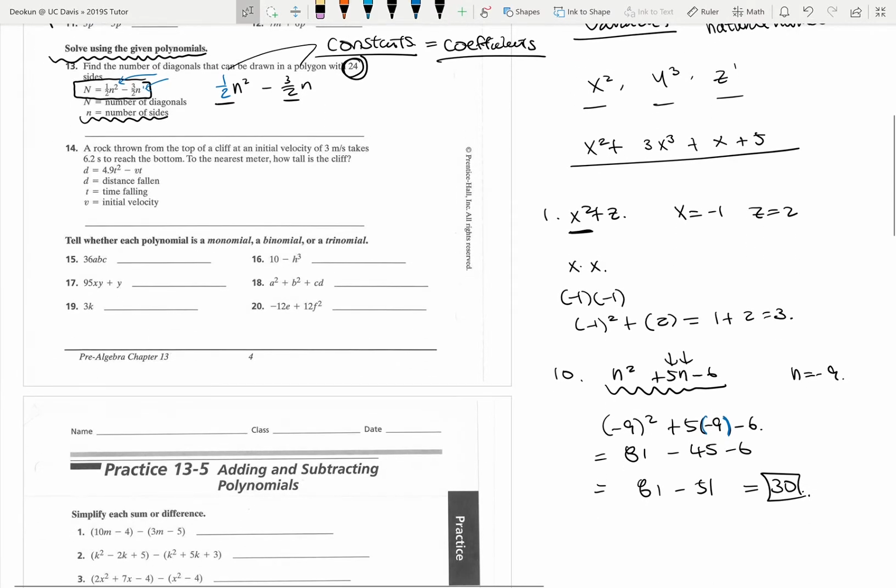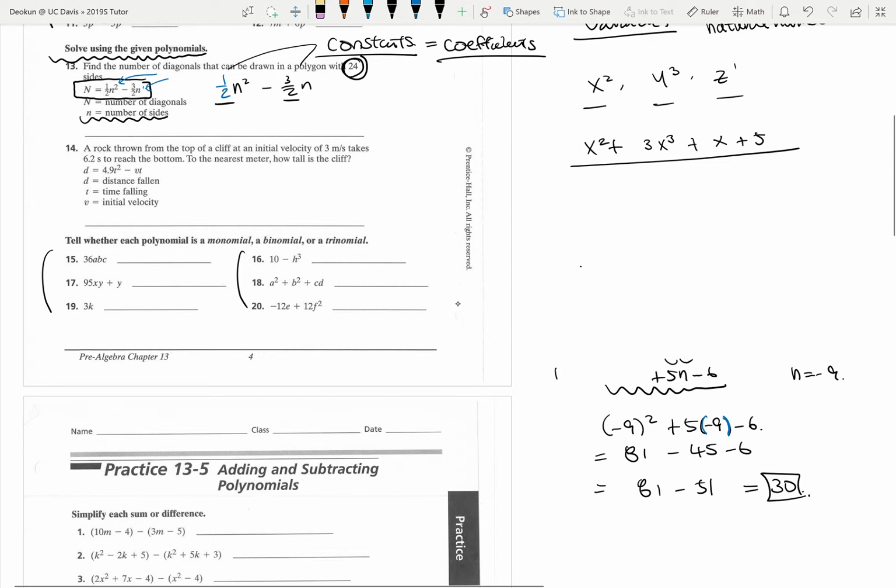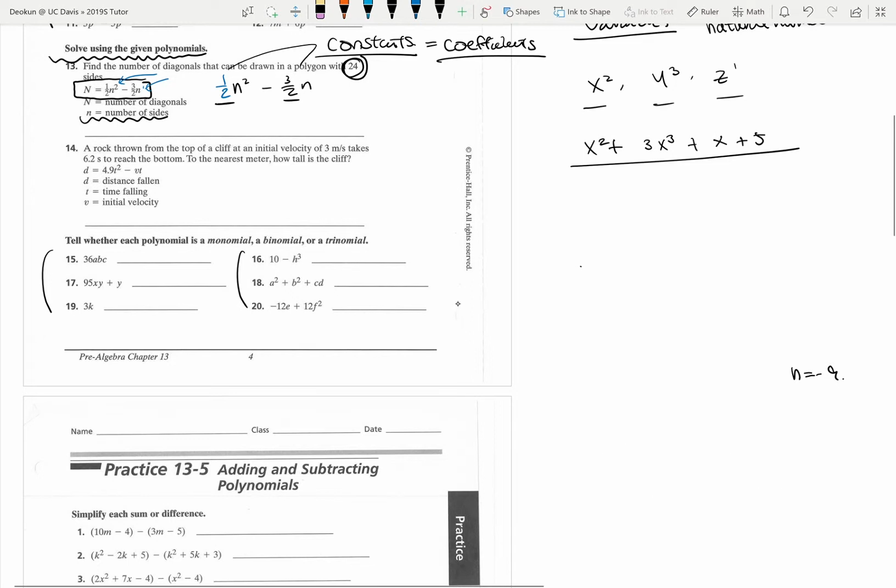Now let's talk about these parts together. So I am erasing unnecessary stuff right here. Number 15, ABC. I see 1, 2, 3 being multiplied, so it's 3 variables.